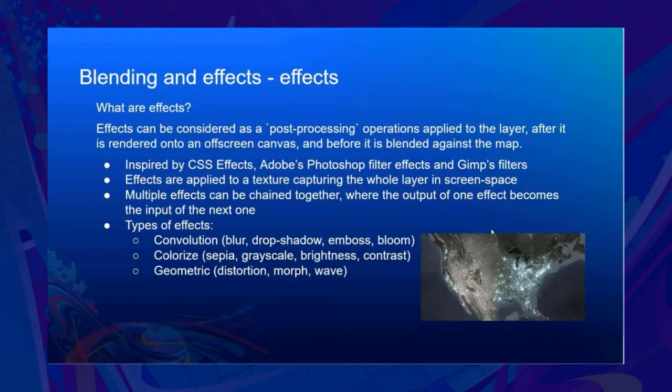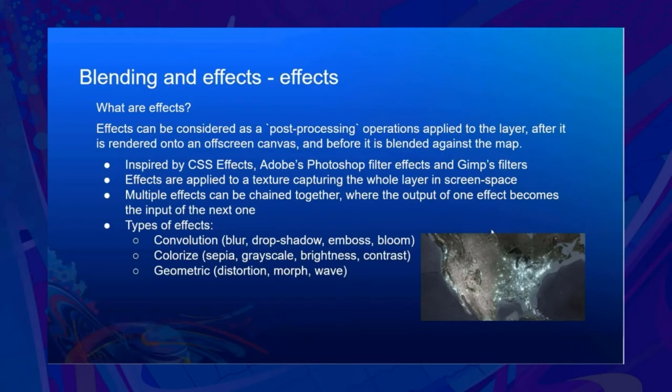You can look at Adobe Photoshop or GIMP filters, whether it's bloom or drop shadow, emboss operation, sepia, grayscale, and so on and so forth. Traditionally, users used to print the map or print an image, bring it over to Photoshop or other image processing software, and then apply the desired effect. And basically what we're doing is enabling users to do the same thing, but in real time.